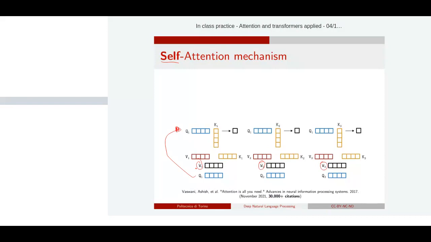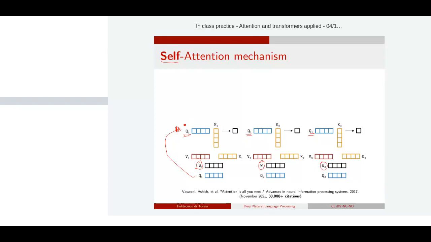We have as input the query vector. You can see that we have Q1, Q1, Q1. So we are computing the self-attention mechanism for the first word, the word W1. The idea is that we compute the dot product between the query vector and the key vector of the word.